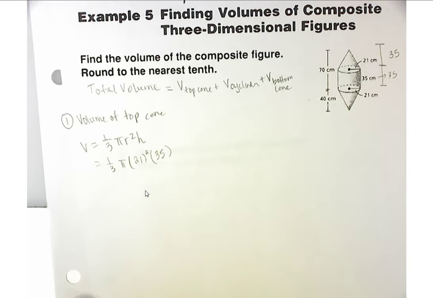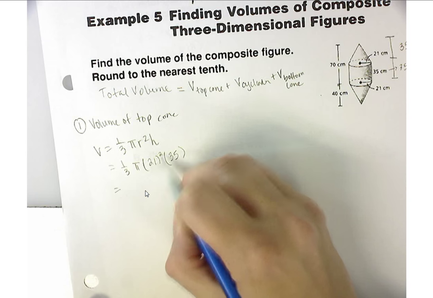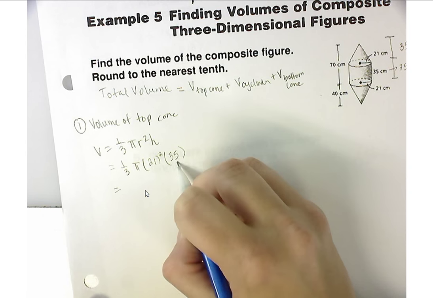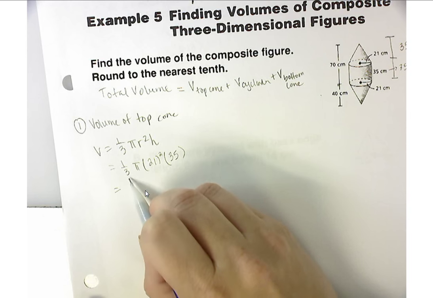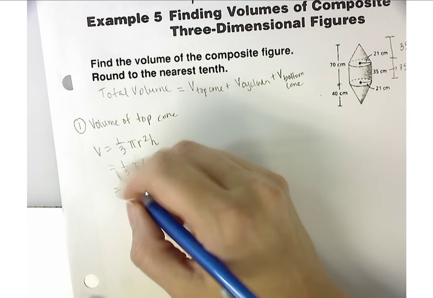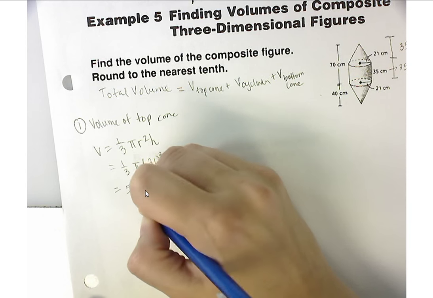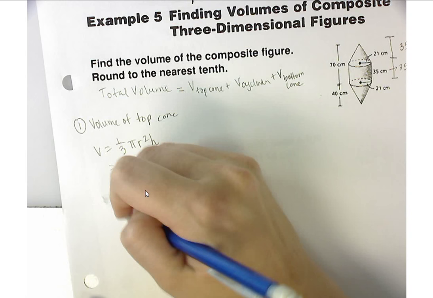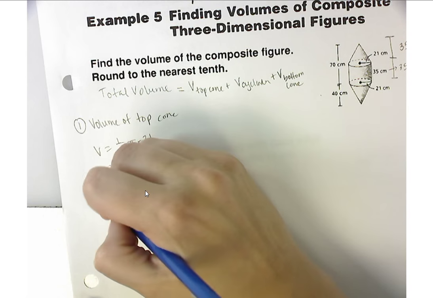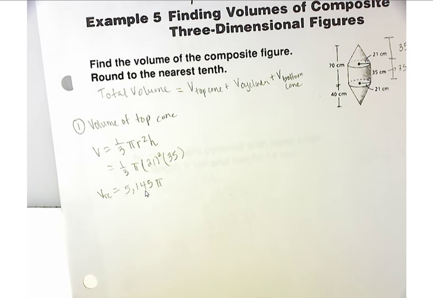So that's where you're getting your height from. Okay, and then we're going to leave this in terms of pi. So I'm going to do 21 squared, multiply by 35, and then if you're multiplying by 1/3, you can also just do what? Divide by 3. So if you're dividing by 3, you're going to have 5,145 pi, and that's going to be the volume of the top cone, or I'll say TC.